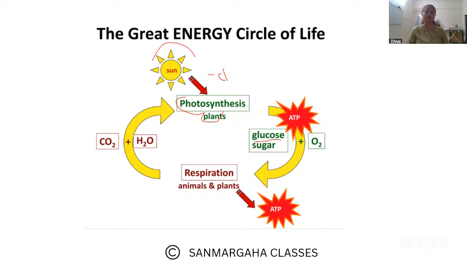Food is made, glucose is made. This glucose is oxidized and ATP is generated. During respiration, glucose is oxidized and carbon dioxide and water are made, which are again involved in photosynthesis. I hope this picture is clear.